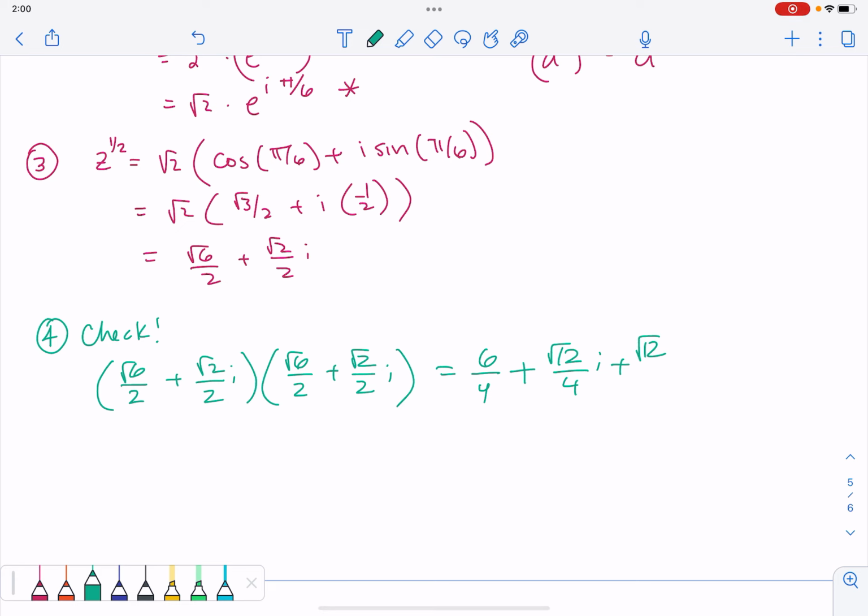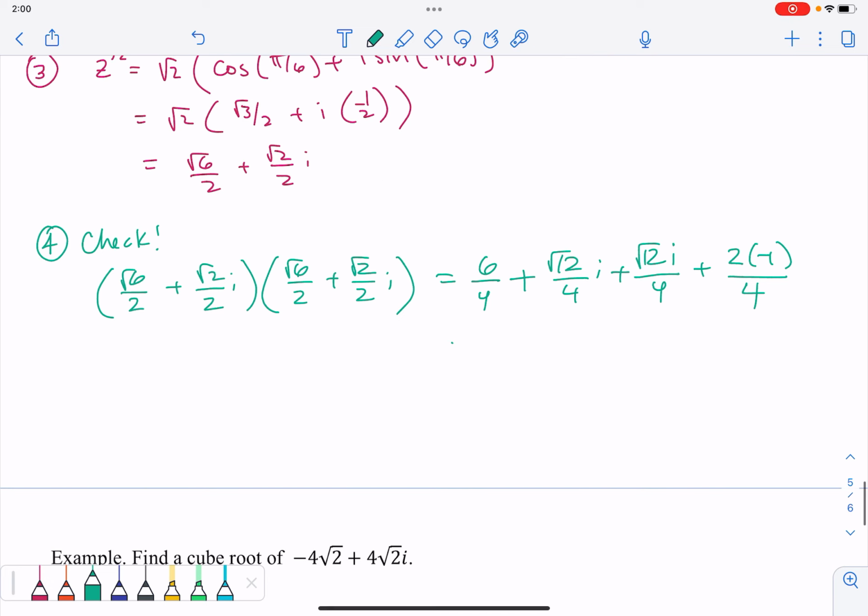So another root 12 i over 4. And then my last two things, got to be careful here, root 2 times root 2 is 2, i times i is -1, and then 2 times 2 is 4. Okay, so hopefully this should all pan out to give me my original number z.